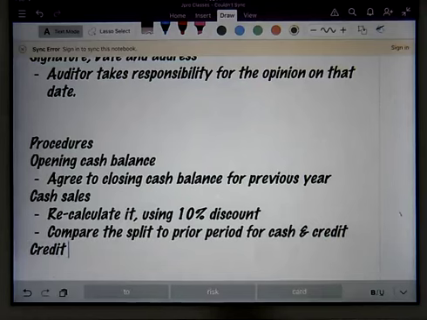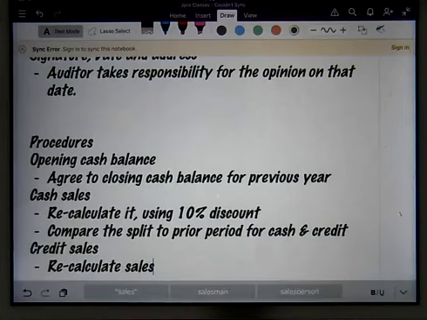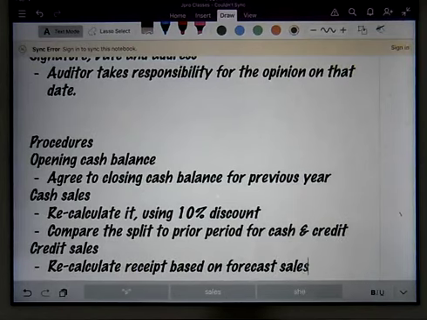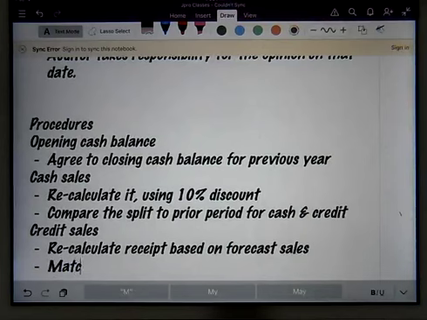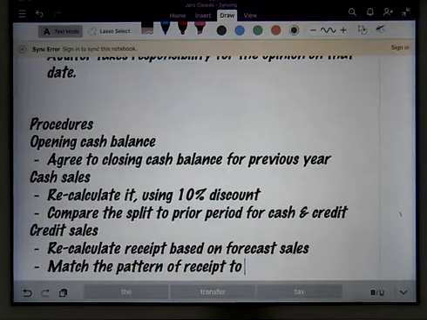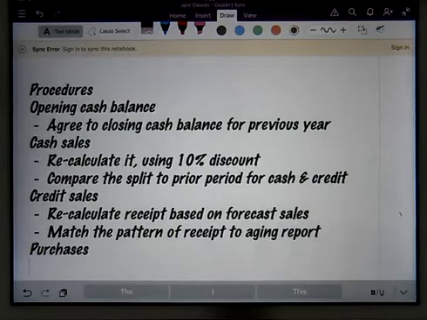So credit sales, what are you going to do? What are you going to do for purchases?